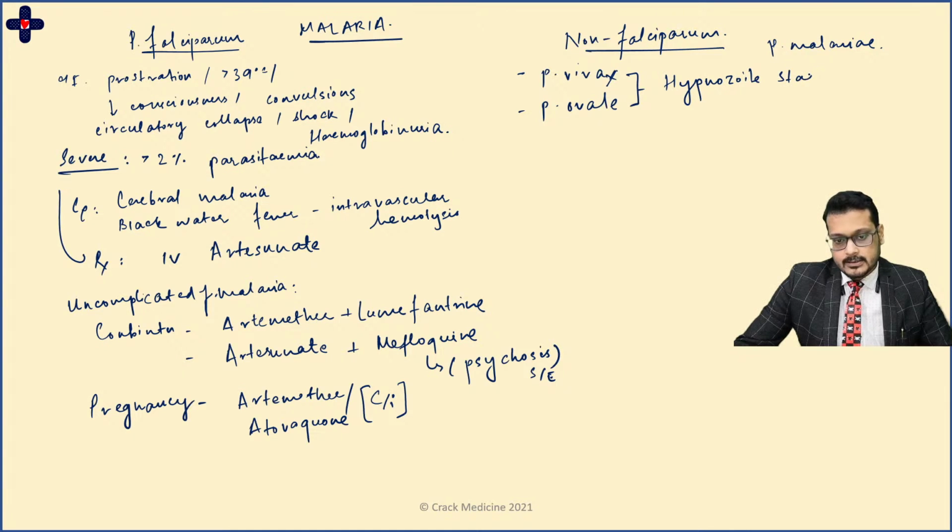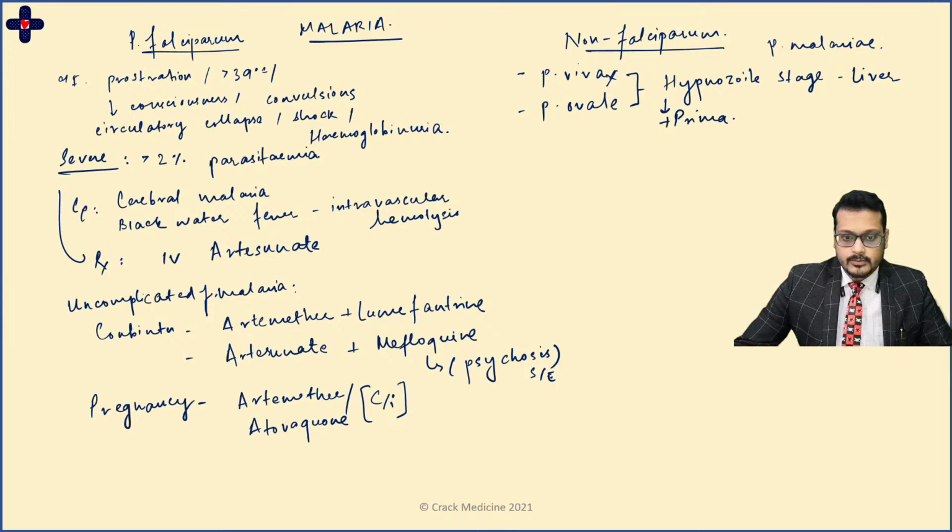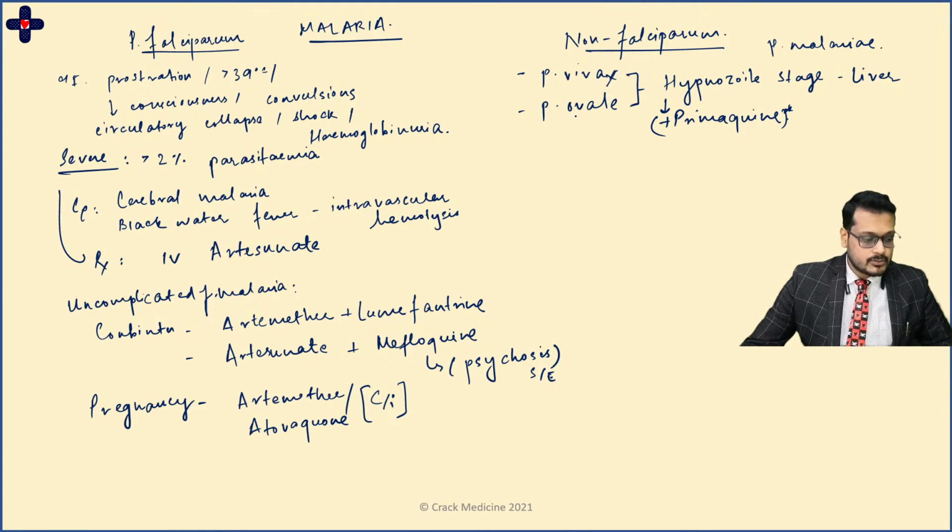This stage is present in the liver. Okay, so they go and sit in the liver of the patient, and that's why you need to add primaquine. You have to add primaquine to the therapy because the primaquine will destroy the hypnozoites in the liver. Okay, otherwise you will have relapses. So this is how you treat these.